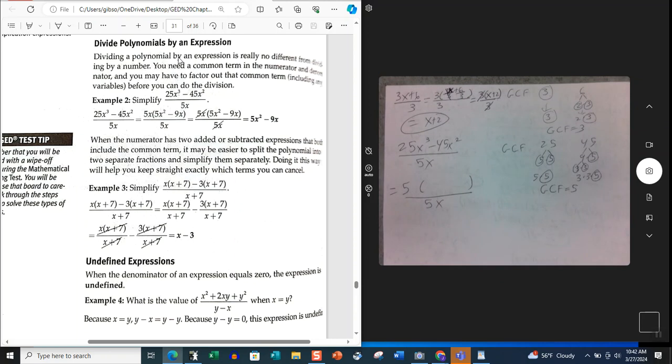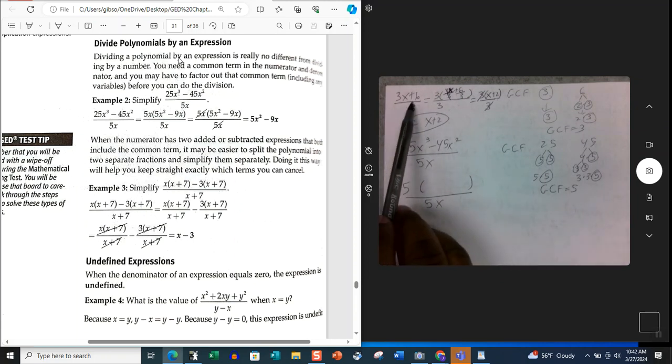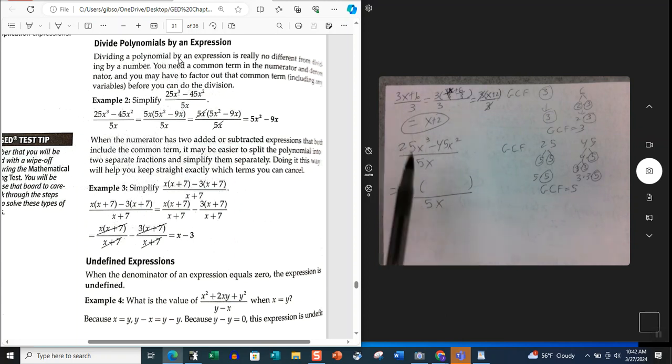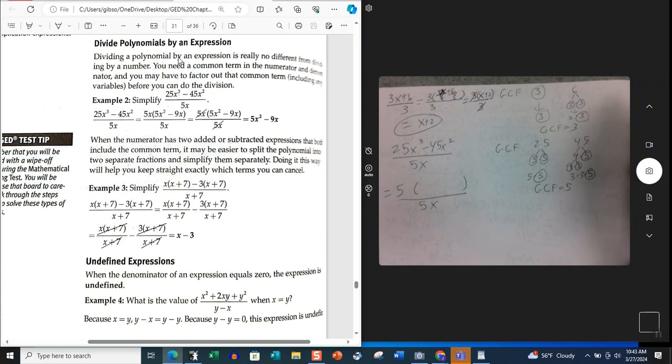Now, unlike the first problem where we had an x with the first term but no x with the second term, in this problem we have an x with both terms. I want you to listen to this very clearly. Whenever you have variables and they are the same, they have the same base. Let me refresh your memory.